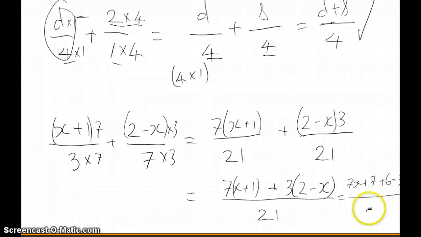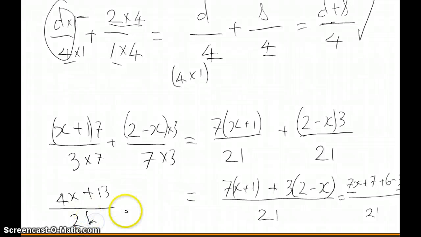It's still over 21, and then you would need to collect like terms. Notice that 7x and that 3x there. 7x minus 3x is 4x, and 6 plus 7 is 13. Over 21. And that would be my answer.